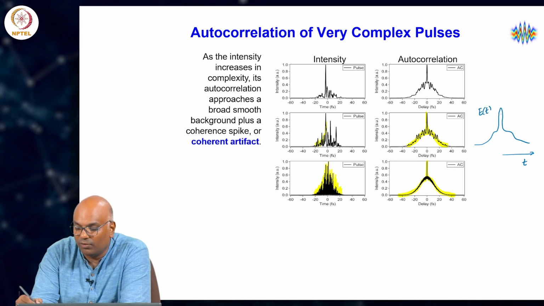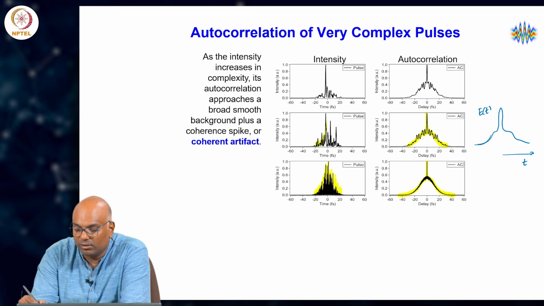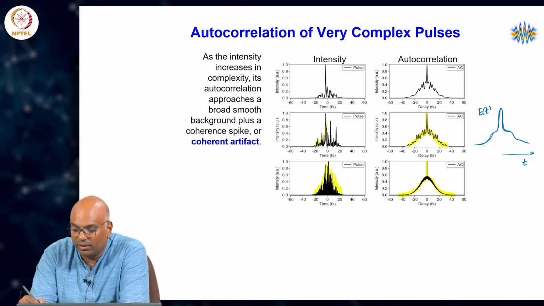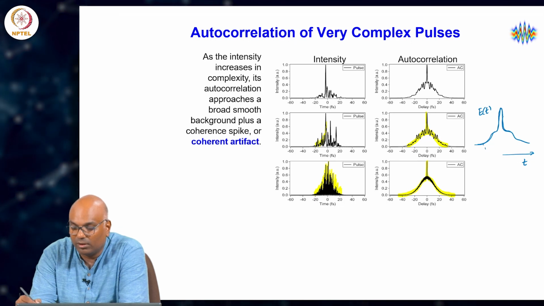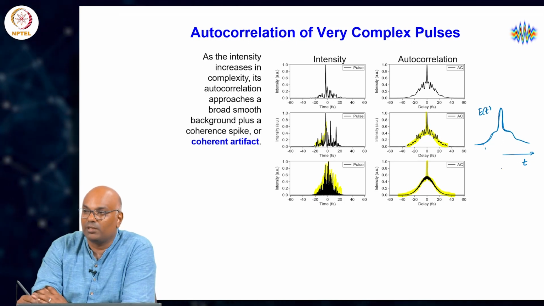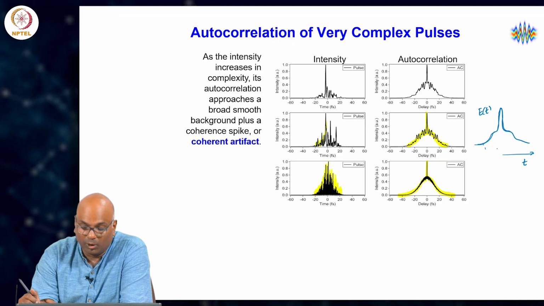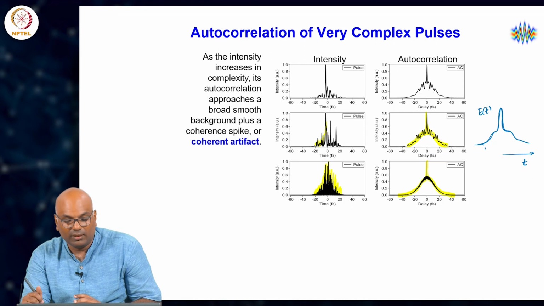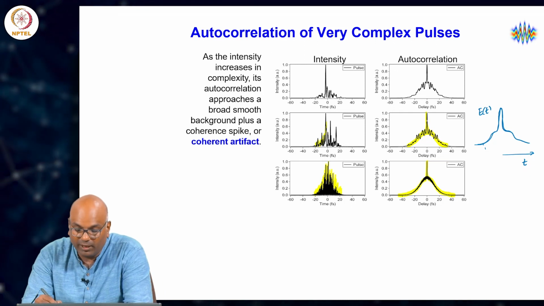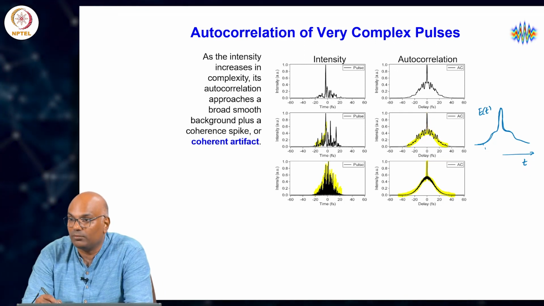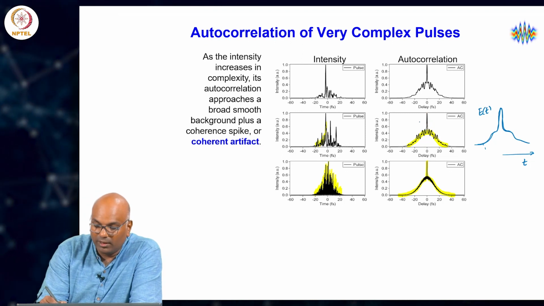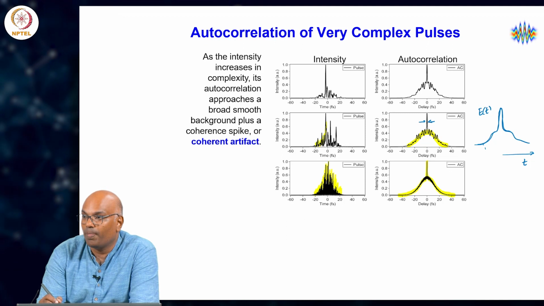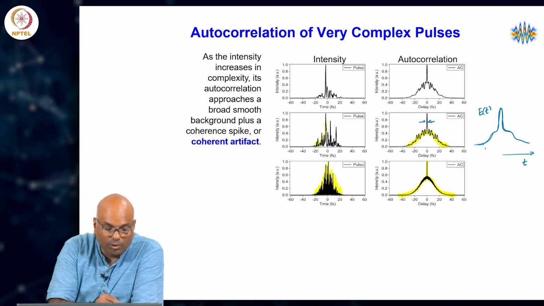There is a shorter feature and a pedestal and a taller feature, like maybe a spire structure of a monument or something like that. So, the whole point is that in these cases this tall spike which we produce here is called the coherent artifact.